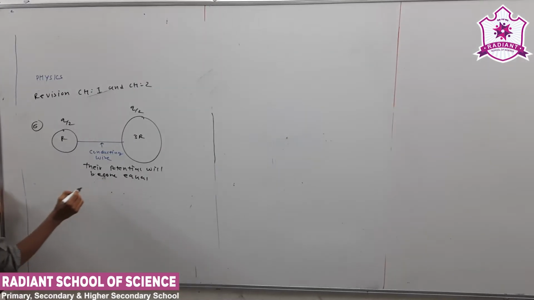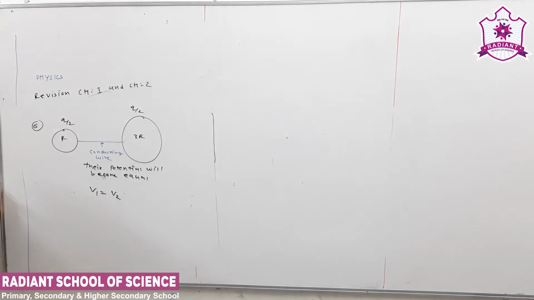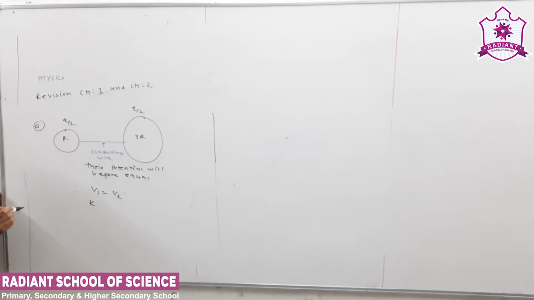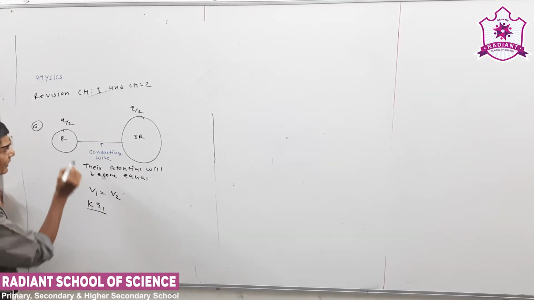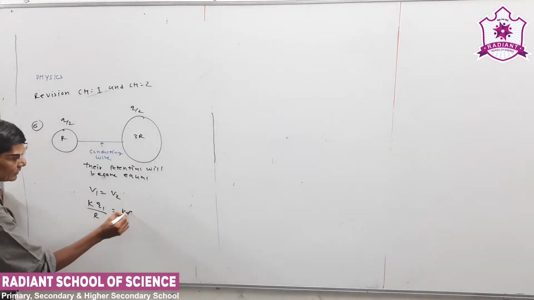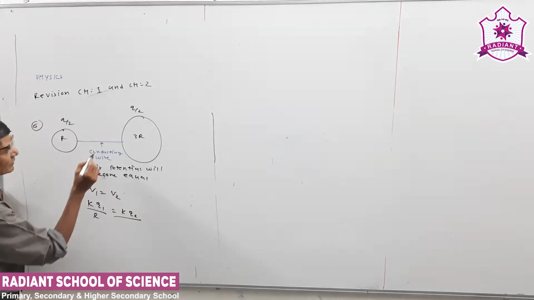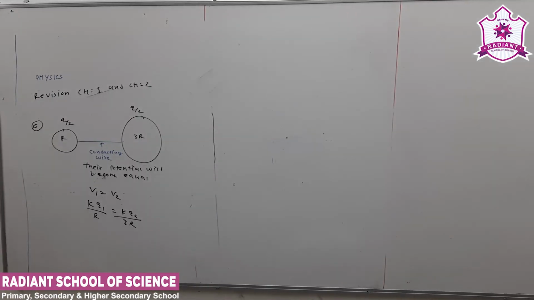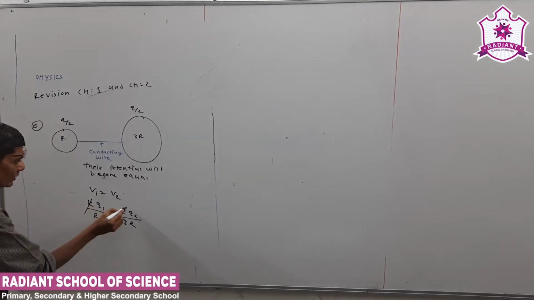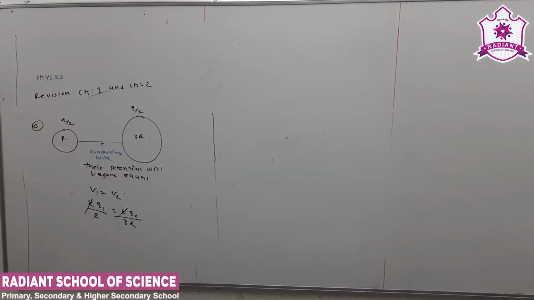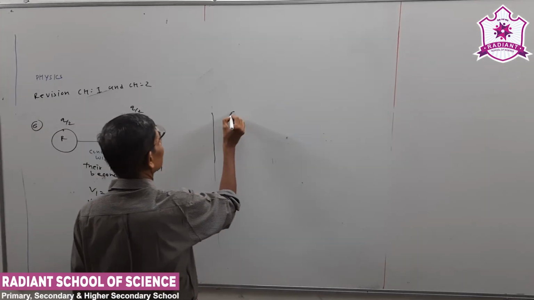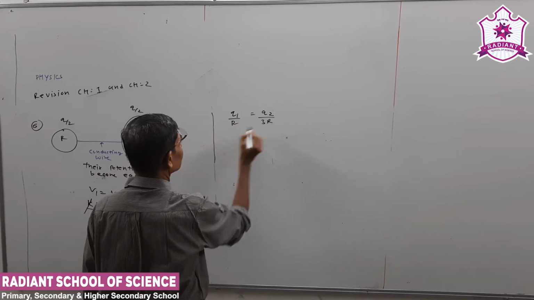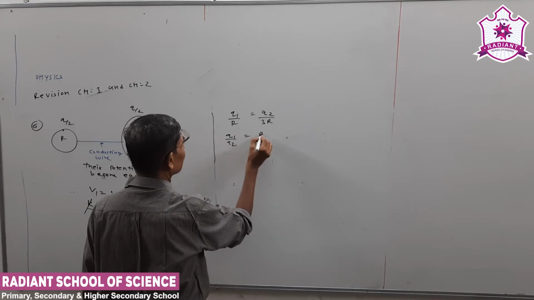So in that case, V1 will be V2. Now let us say the charge on the first sphere is Q1 with radius R, and the charge Q2 on the second sphere has radius 3R. Now there will be a distribution of charge. Q1 upon R is equal to Q2 upon 3R. So Q1 upon Q2 is R upon 3R.